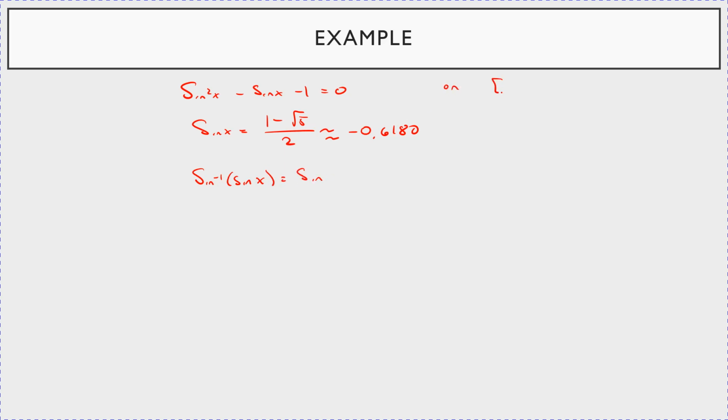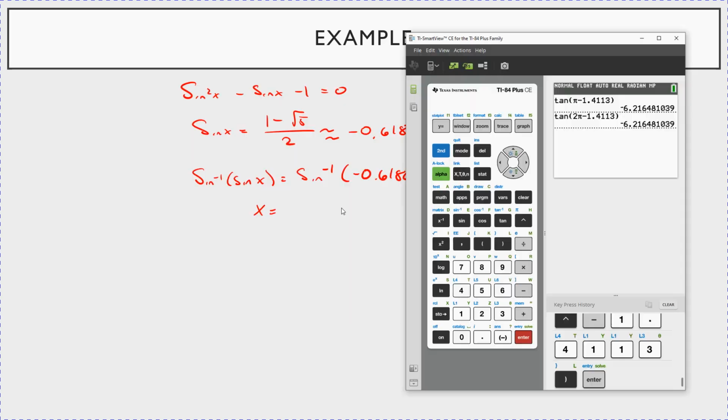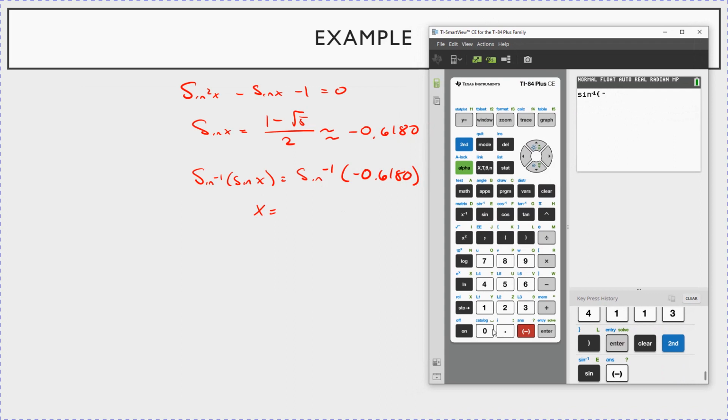Remember, we're solving on 0 to 2 pi. So we grab our calculator and let's see what the value of x is going to be. Well, you got negative 0.6662 roughly, okay?